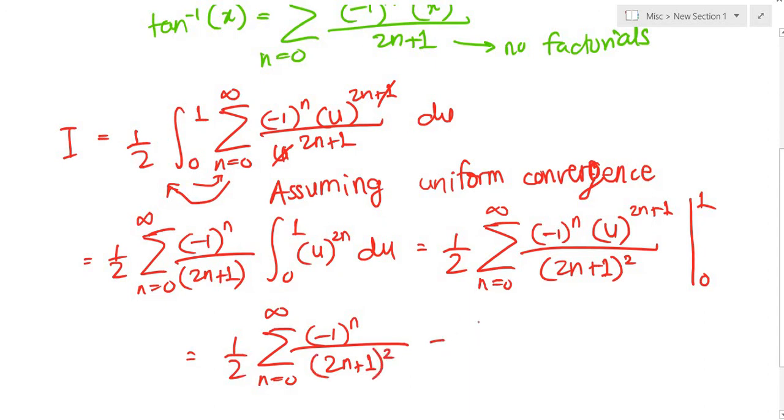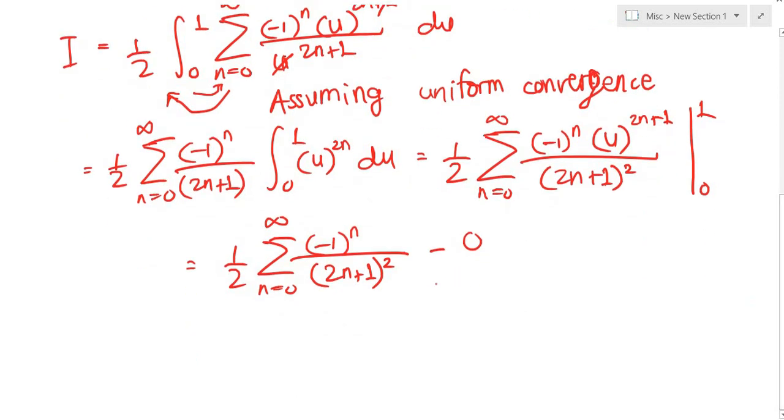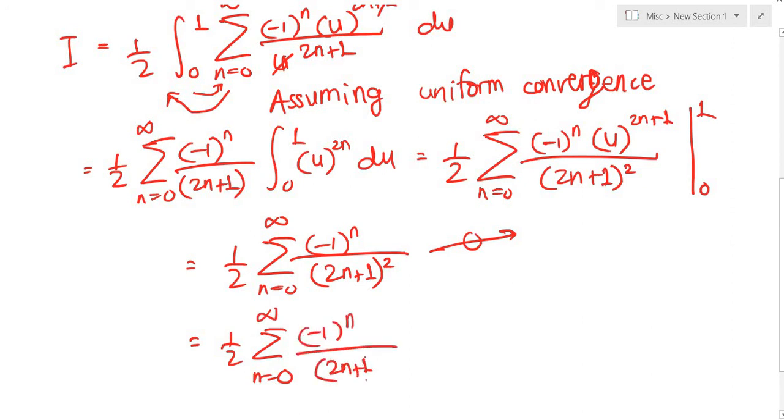And when we plug in 0 in the place of u, we have 0 divided by something, so that's 0 entirely. Good riddance, right? Well, we can ignore the 0. We have half of the sum from n equals 0 to infinity of minus 1 to the n divided by 2n plus 1, the whole thing squared.